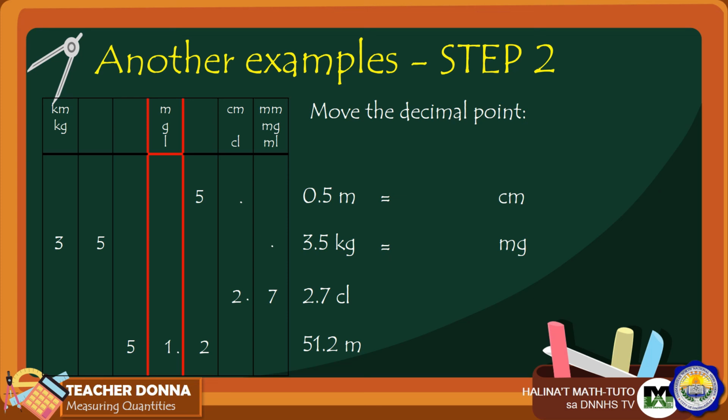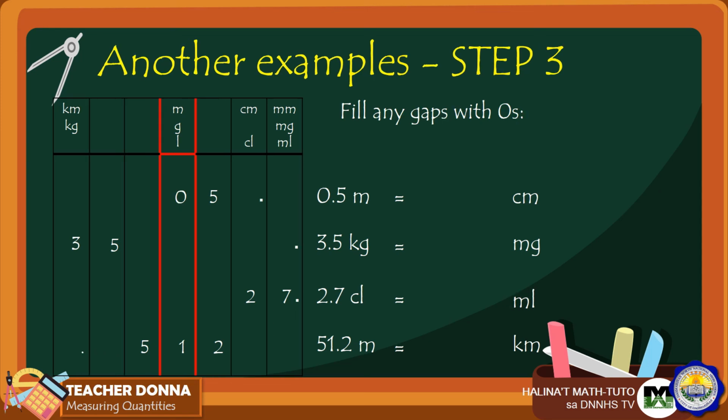Ayan, hanggang milligram. Next, 2.7 centiliter. So, decimal point under centiliter. So, move natin siya to milliliter. And then the last one, 51.2 meters to kilometers. So, move natin yung decimal point from meters. Dadali natin siya sa kilometers.